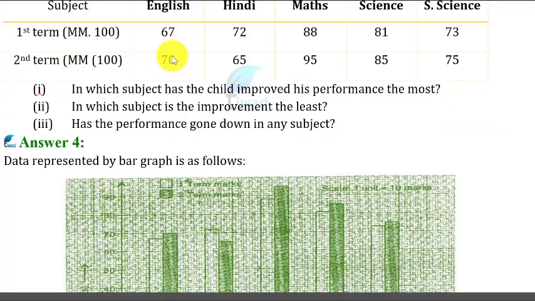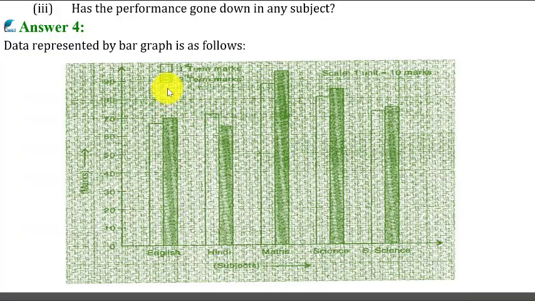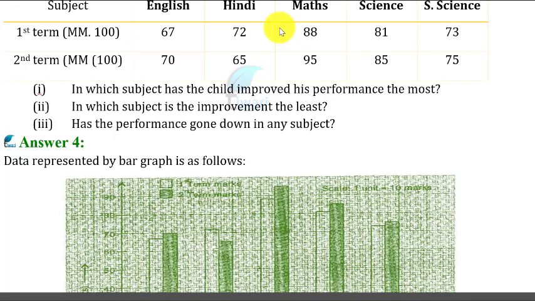Here the representative bar graph is as follows. So the x-axis will be subject and the y-axis will be marks. Here the scale will be 1 unit equal to 10 marks. So the y-axis will be 0, 10, 20 and so on up to 90, because in the given table 95 is the highest mark.